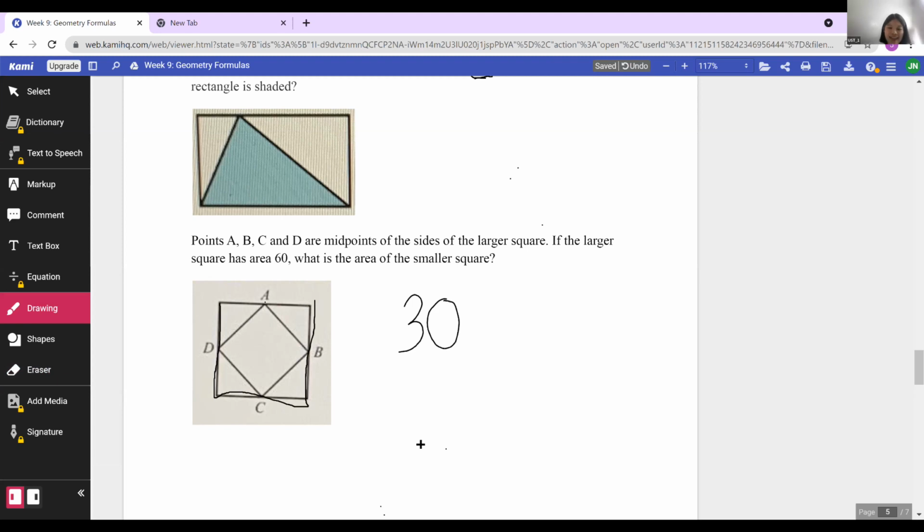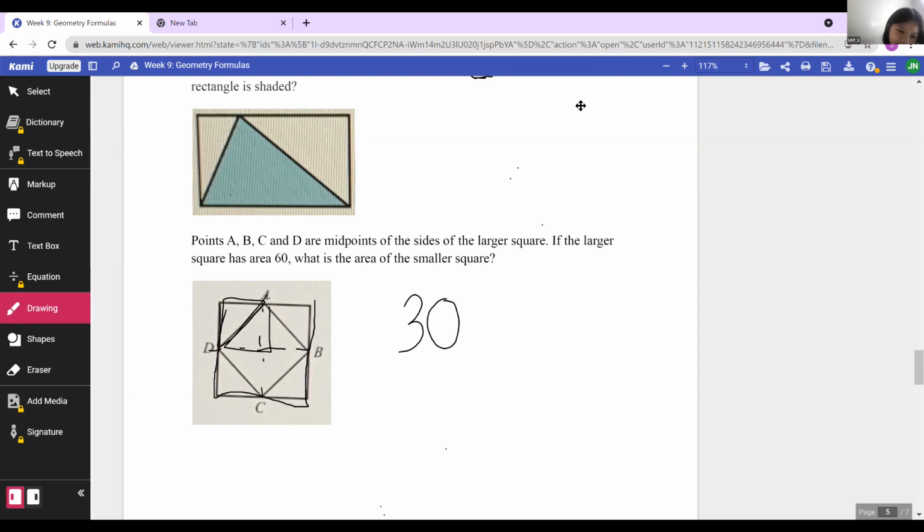Exactly. You want to explain how you got it? I just did 60 divided by 2, because the smallest triangles add up to be A, D, C, B. So then you just do 60 divided by 2.